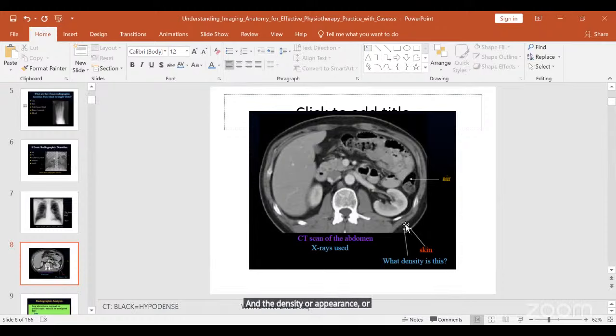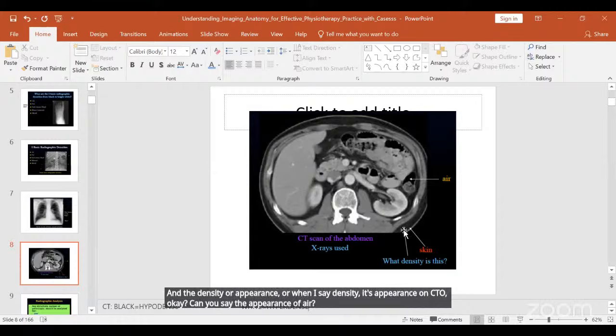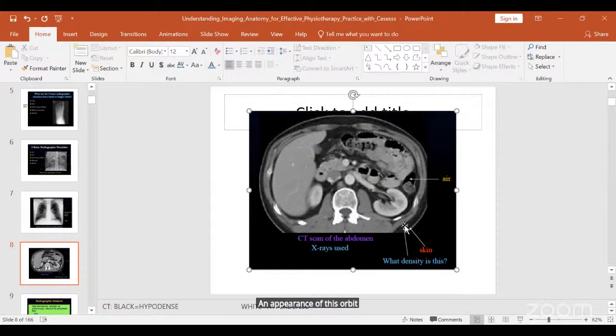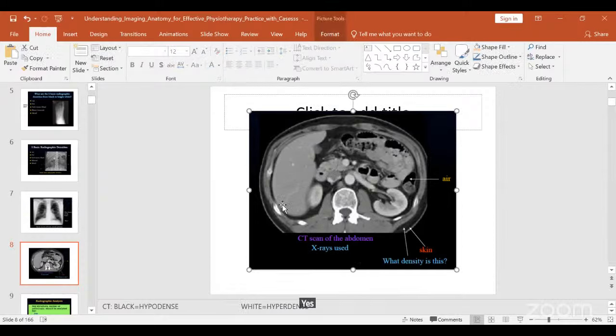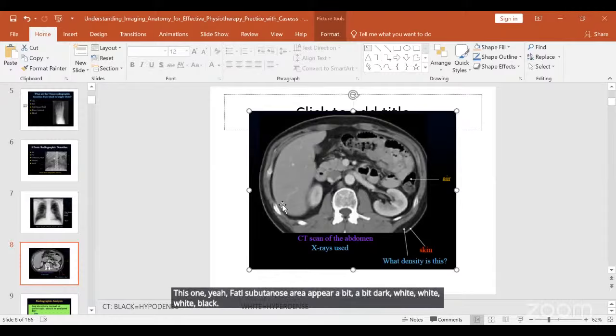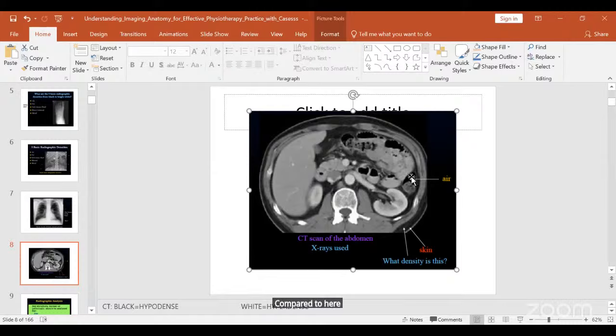When I say density, it is appearance on CT. Are they the same? No, they're not the same. Air is more hypodense. This fatty subcutaneous area appears a bit dark, compared to air, which is completely black. No ambiguity about it.